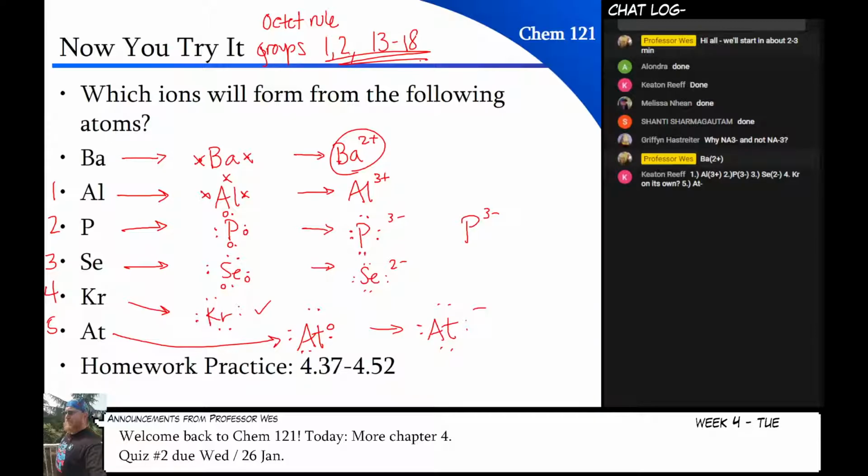Like, I'm not going to hand you iron and say, what ion does iron form? Because there's no way for you to tell, at least not at this point. I have to give you that information, that iron becomes +2 or +3 or whatever. Okay? So just keep that in mind. There's the homework practice down below. Let me know if you have any questions.